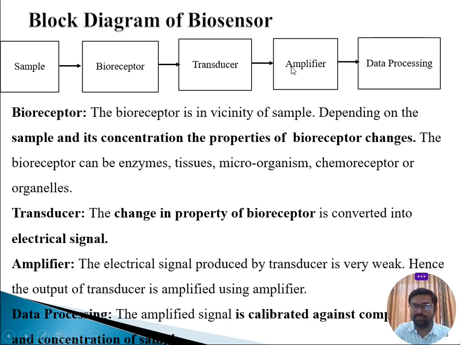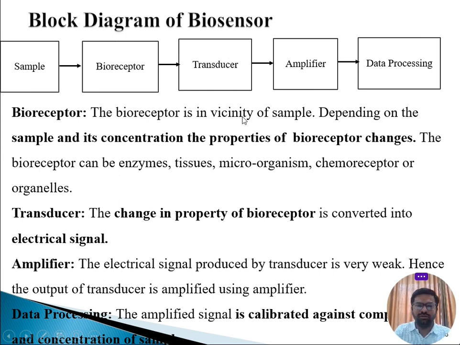The transducer-generated electrical signal is very weak in strength, so we would like to improve it. For that we use an amplifier, and then there is a data processing unit, which is useful for presentation: how exactly we would like to present the detected data.